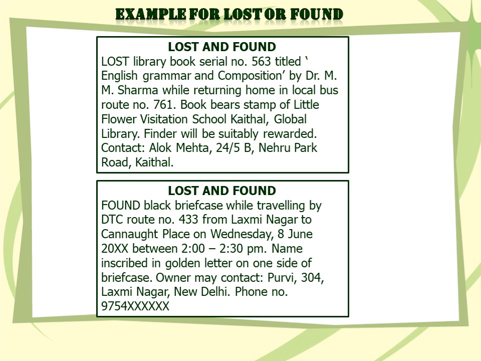Owner may contact Purvi, 304 Lakshmi Nagar, New Delhi, and the phone number is given. So here you can see clearly how the details are given. Okay, so we can easily write these classifieds if we keep all the points in our mind.